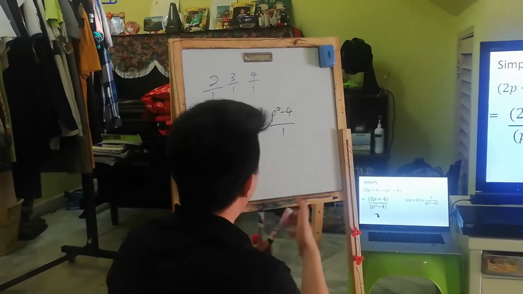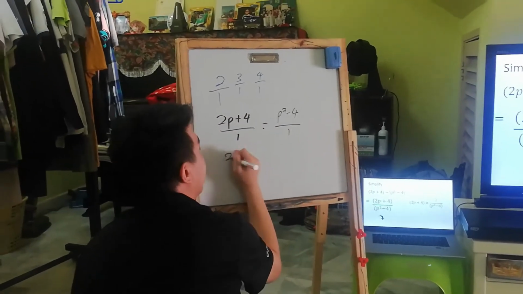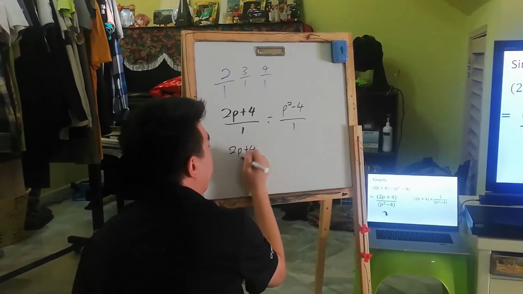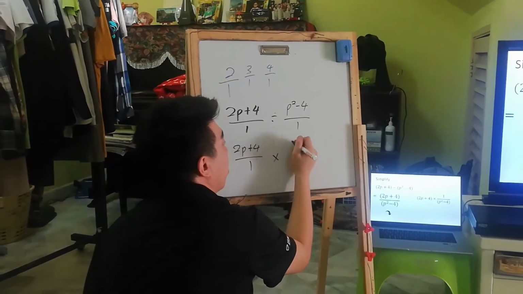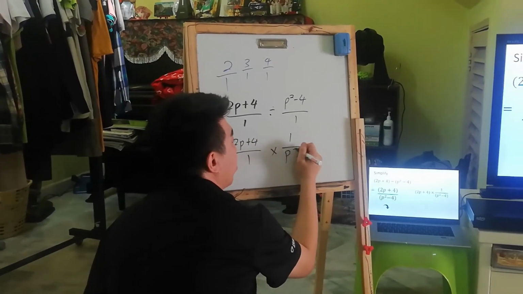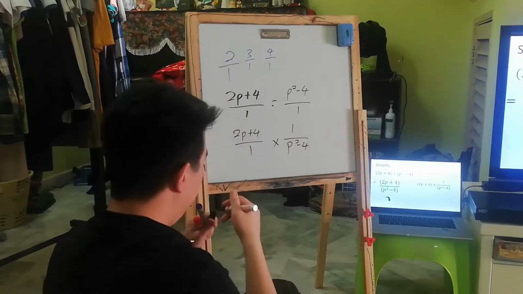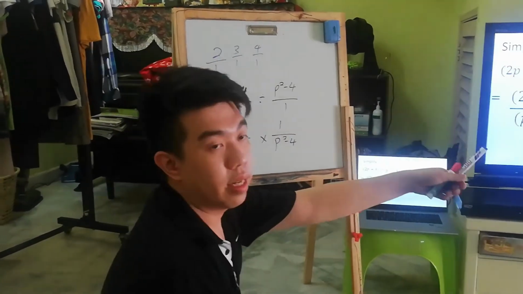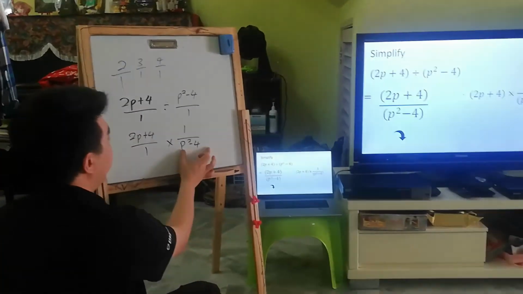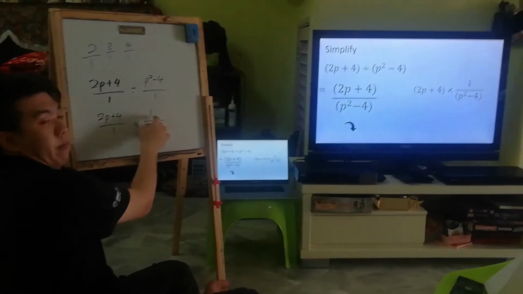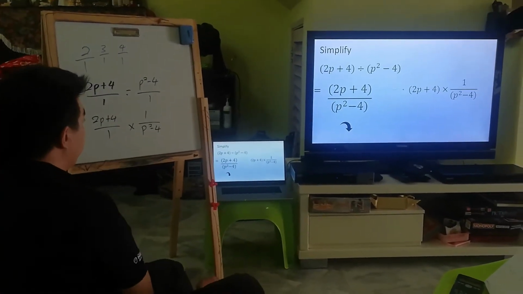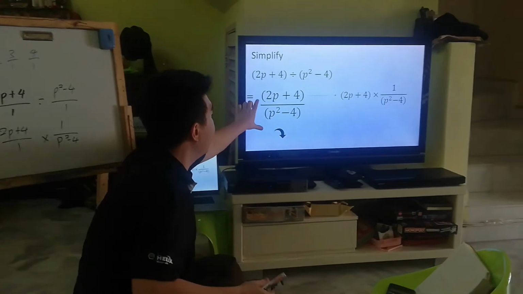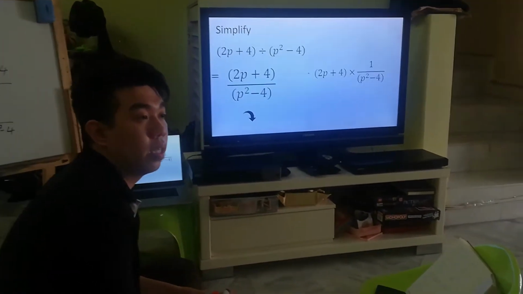So that's why when you times, you get 2p plus 4 over 1 times 1 over p square minus 4. That's how you get that. So when you times, just times up and up, down and down. You get this. Is this the final answer? No.